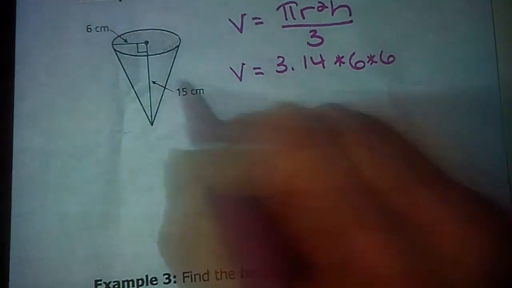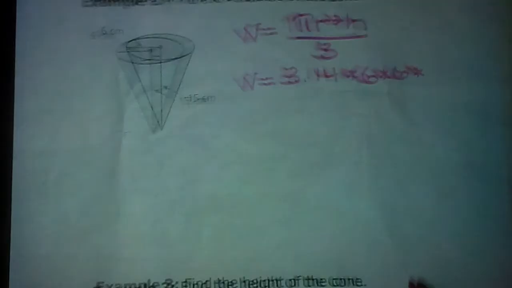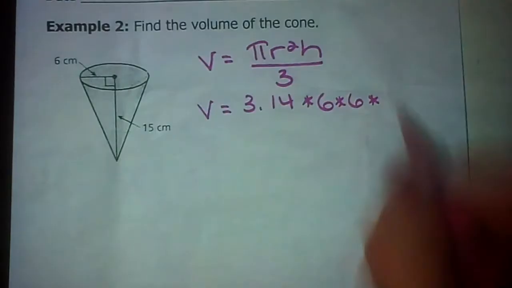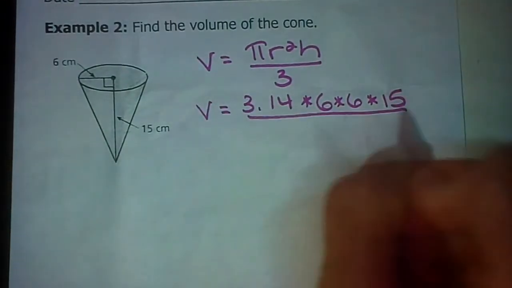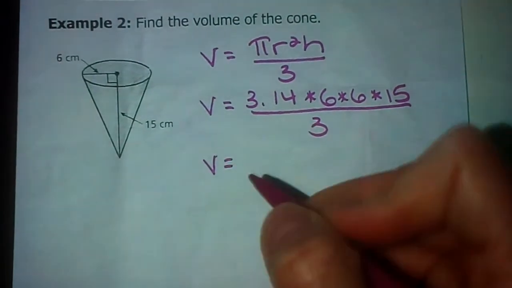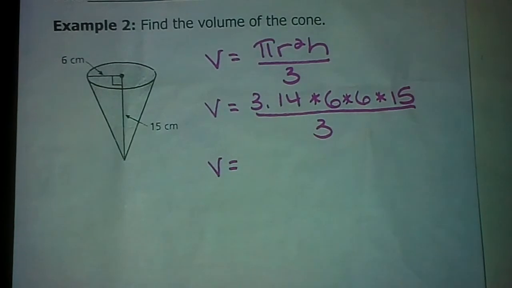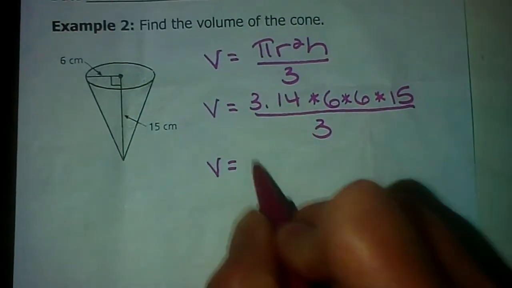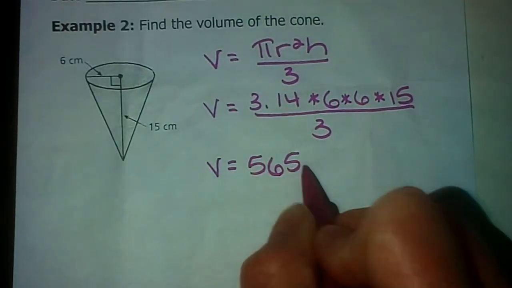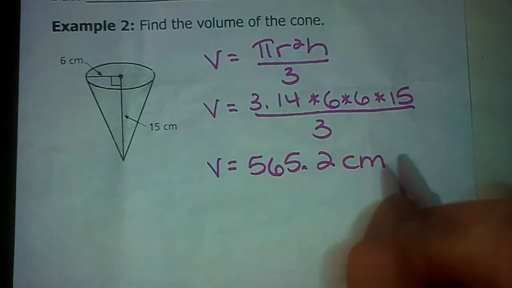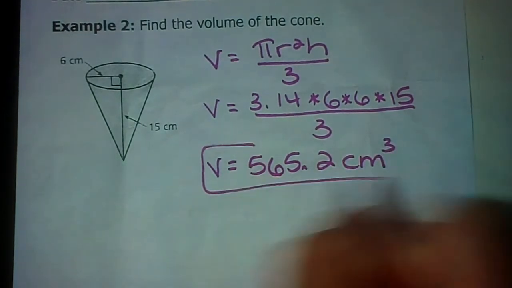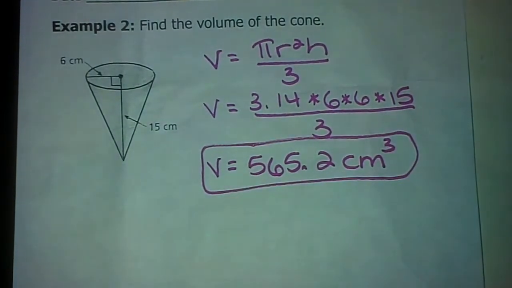I just use what's given there. And the height of this thing looks like it's 15. Divide that all by 3. So plug it in. 3.14 times 6 times 6 times 15, all divided by 3. And you should get 565.2 centimeters cubed because volume is measured in cubic units.